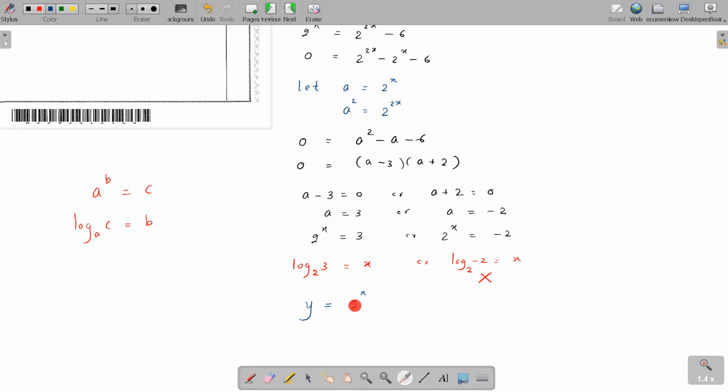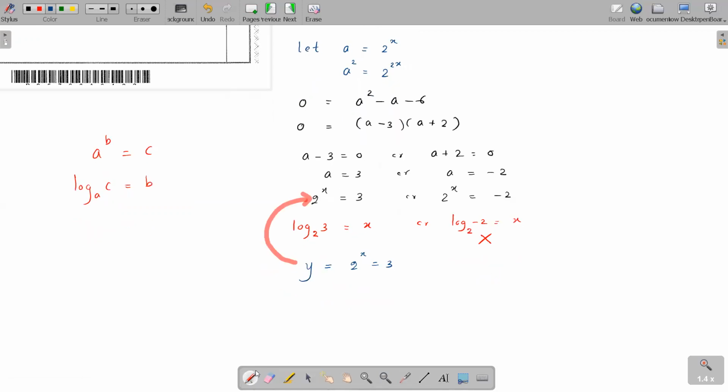Don't go to use x as log base 2 of 3 to the power here, because you can see the 2 to the power x answer we can take from here. Here 2 to the power x is equal to 3. So that's equal to 3. Which means the coordinates of point P are log base 2 of 3, comma 3. This is the coordinate of the point P where the two graphs intersect.